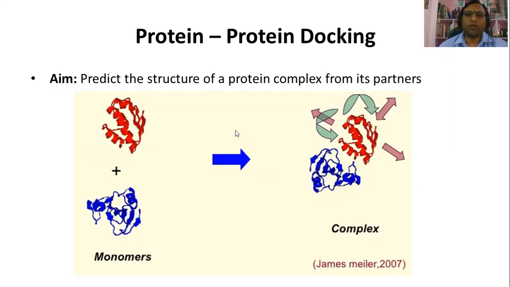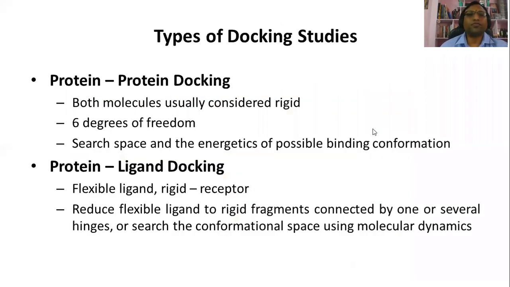In protein-protein docking, the aim is to predict the structure of the protein complexes from its partners. We have two different structures, and based on the article of James Miller in 2007, the monomers which are present, when they join together by some interaction or by some forces, are now called a complex. This is how the docking study actually starts.